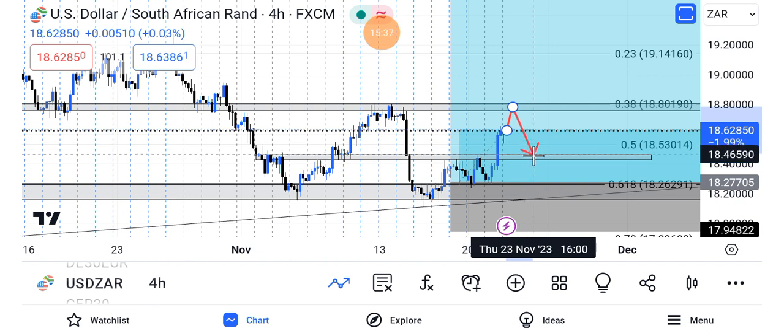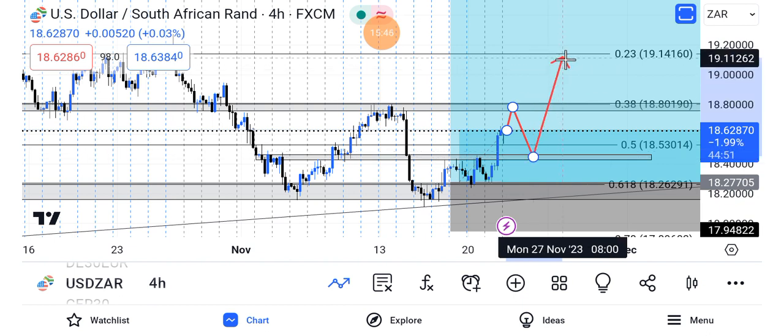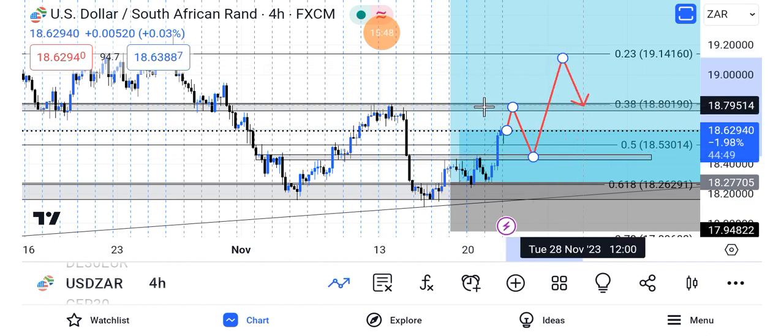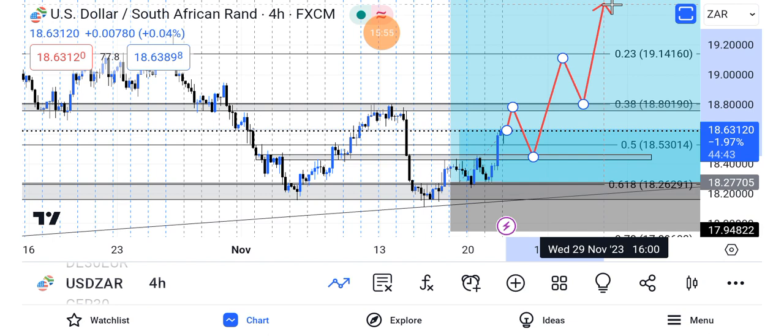So basically we're going to come back to 18 rand 40 something, and then continue. We're going to break above, come back to retest this neckline, and then continue to go all the way up.